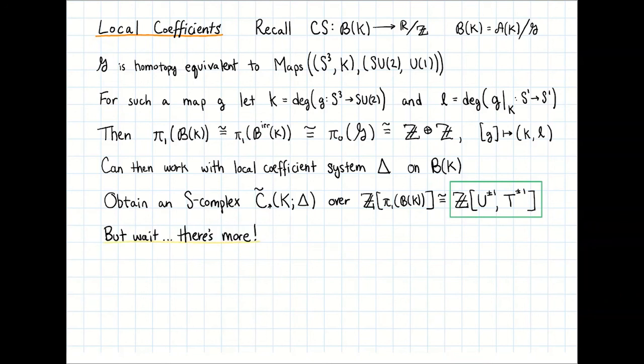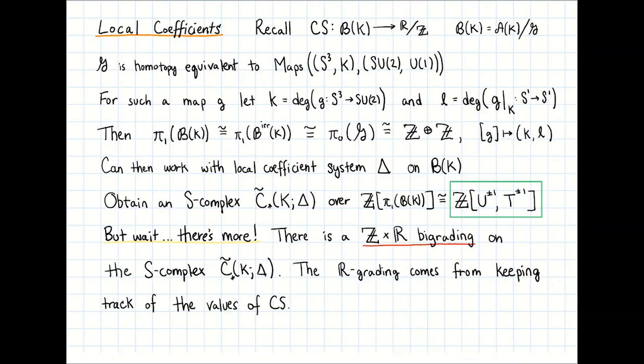But wait, there's more. This is not the only structure that's required to define the gamma invariant. There's a bigrading on this S complex, and this bigrading has values in Z cross R. You should think of the Z grading as a homological grading, which actually reduces to the Z mod 4 grading.